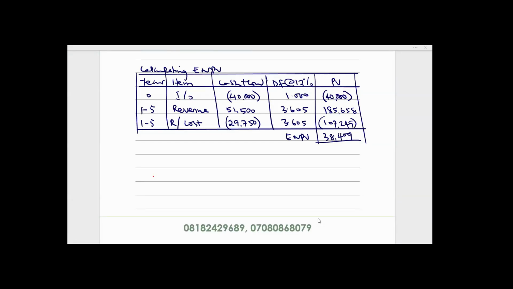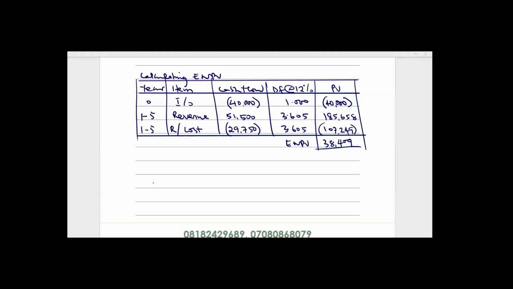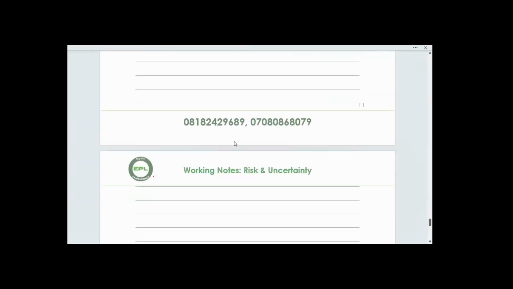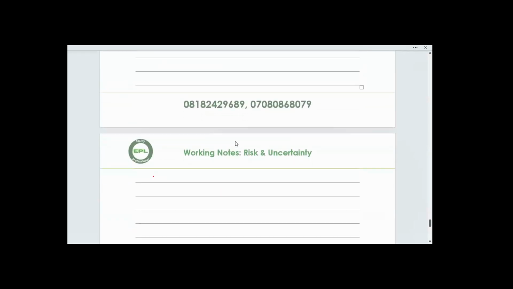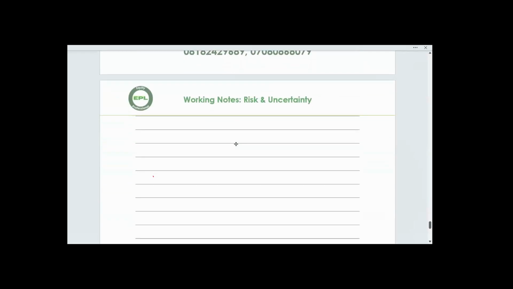Simply put, the examiner is asking you to calculate expected NPV using the simulation method. Number B, calculating expected NPV using simulation method.